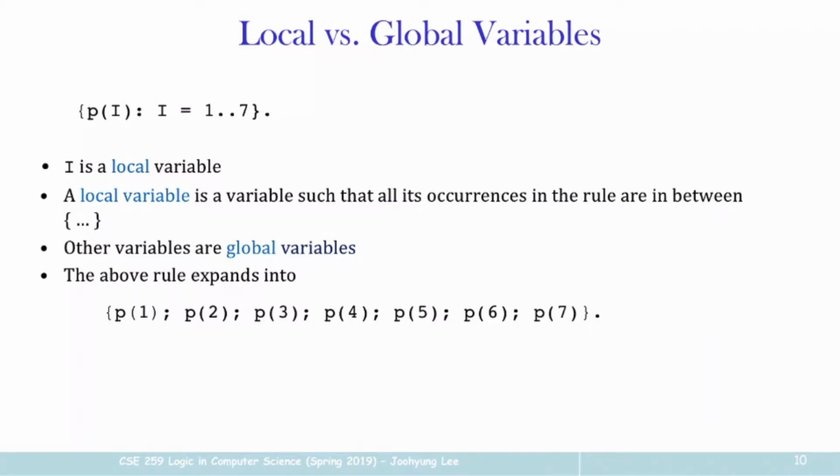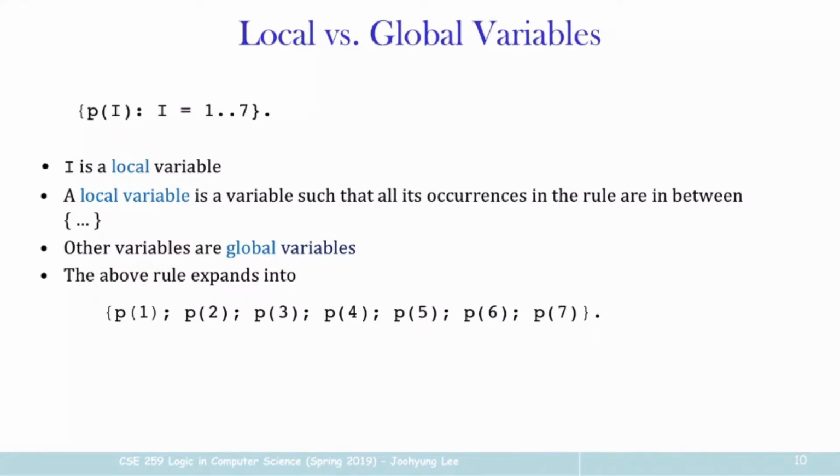Let me go over this one first. When you write this rule, Clingo understands this in terms of the expansion. So I goes from 1 to 7, meaning that you actually have 7 atoms in this choice. You can choose P of 1, P of 2, P of 3, up to P of 7. That's what this rule is about.